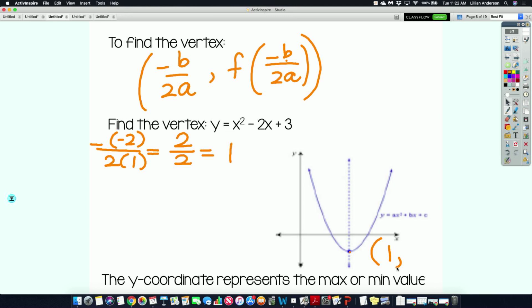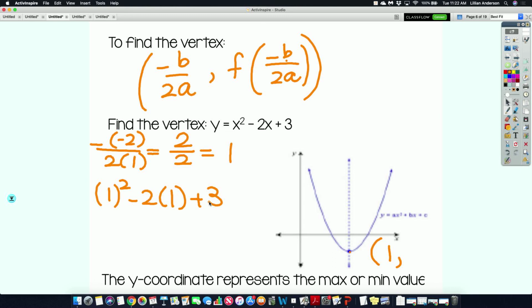To find the y-coordinate, you plug the 1 back into your function. So that's going to be 1 squared minus 2 times 1 plus 3. That's how you find the y. You plug the x-coordinate of the vertex back into the original function.